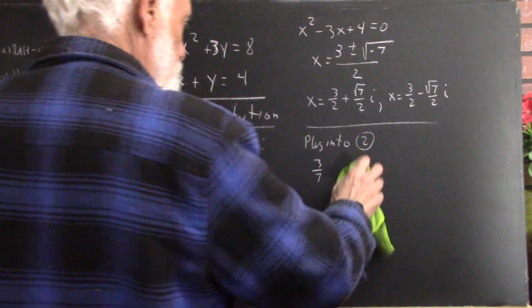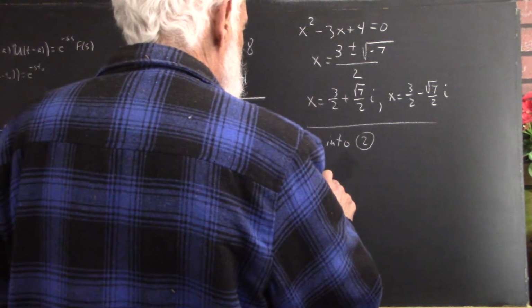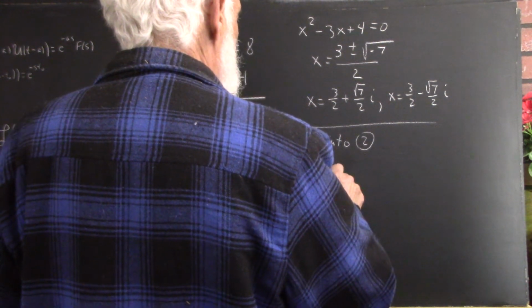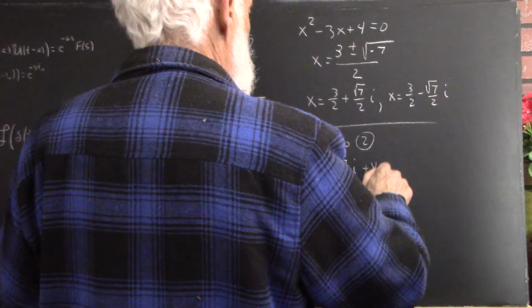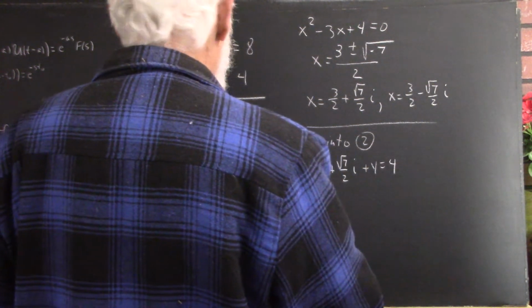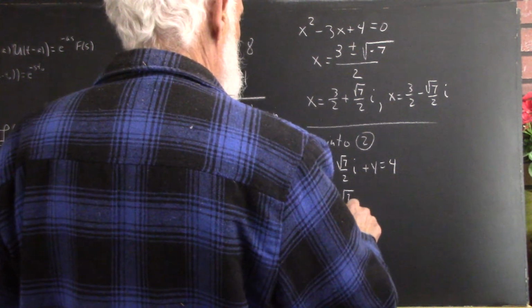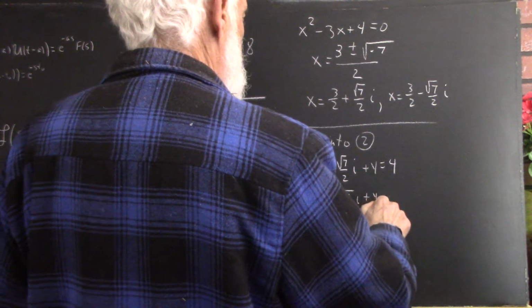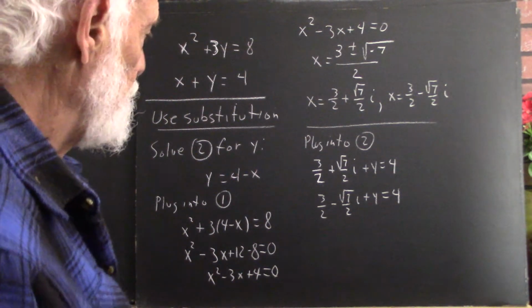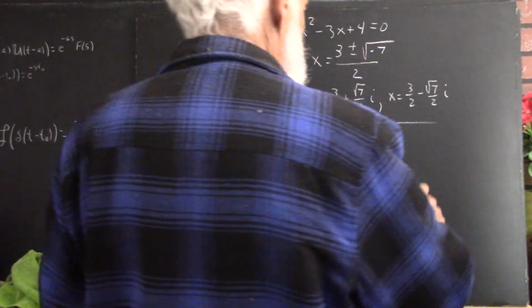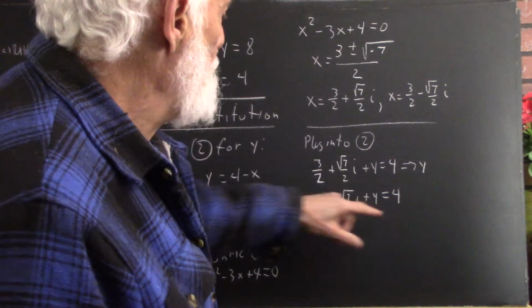So we get, see if I can write that more clearly and correctly, 3 halves plus the square root of 7 over 2 times i plus y equals 4. And then we get 3/2 minus the square root of 7 over 2 times i plus y equals 4. And very easy to complete that solution. y is going to be, first of all, you're going to have 4 minus 3/2.